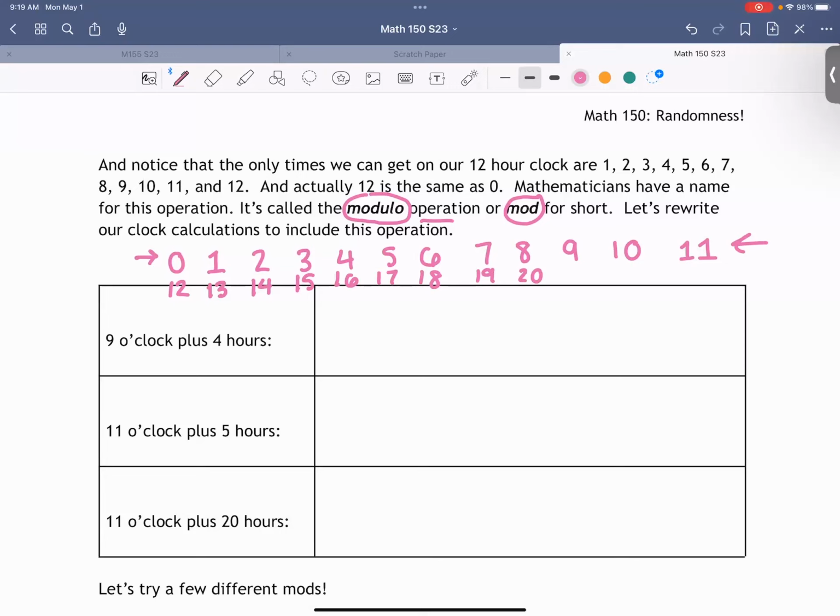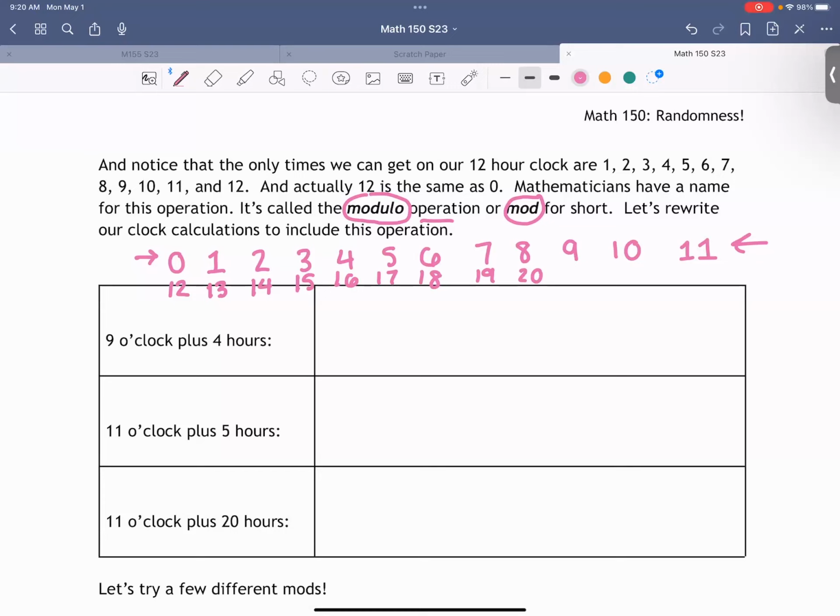Okay, so let me just take each of these things that we worked on the last page, and I'll show you how to write it using mathematical terms. If you don't get it right now, I promise we'll do a lot more practice with this, so don't worry about it. But let me just show you, well, what we did. Okay, so the first question we did on the last page, we said, let's say it's 9 o'clock, and I add 4 hours to it, okay?